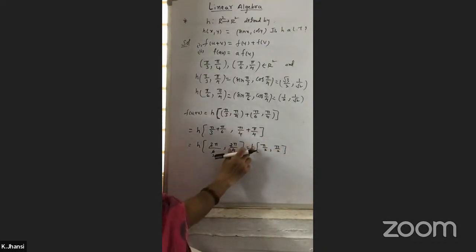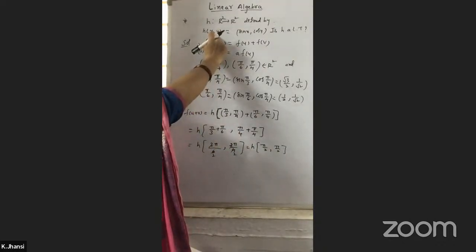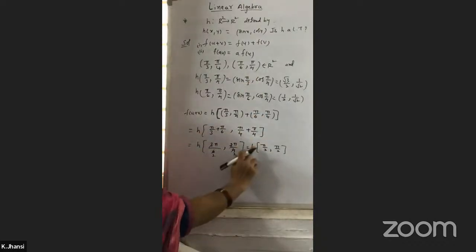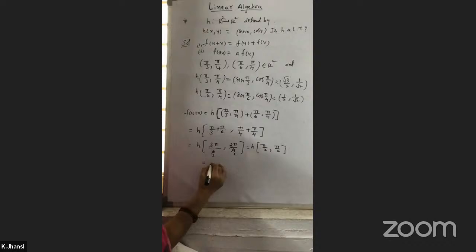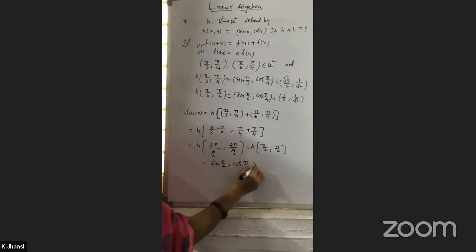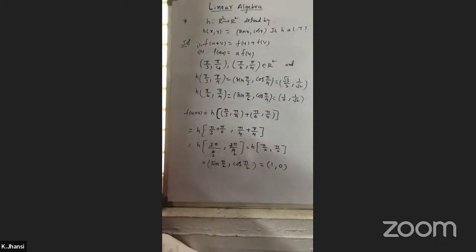Okay. So this is in the form of, again, what is given in the question? H of x comma y is defined as sine pi by 2 comma cos pi by 2. So sine pi by 2 is 1 and cos 90 is 0.